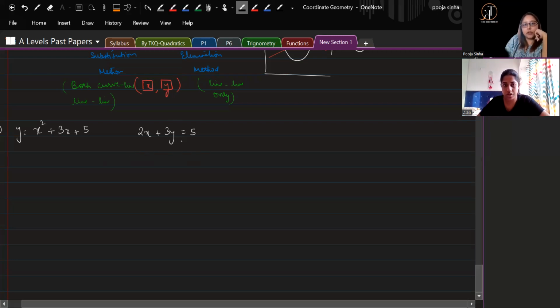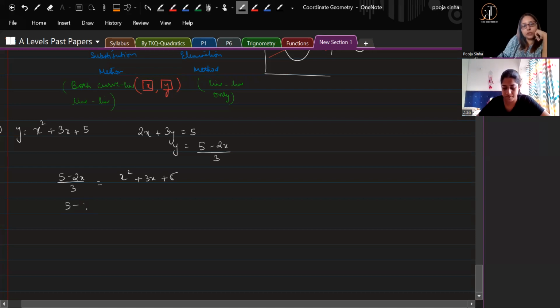For this, did you first make y the subject? Yeah, I did that. That's y equals 5 minus 2x divided by 3, right? Yeah, I did that. So we are going to equate here. So 5 minus 2x upon 3 should be equal to x square plus 3x plus 5, right? Yeah.